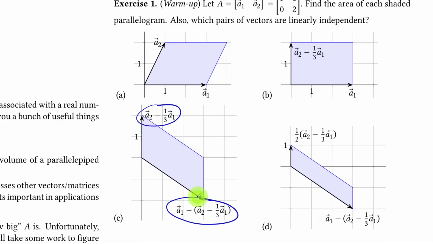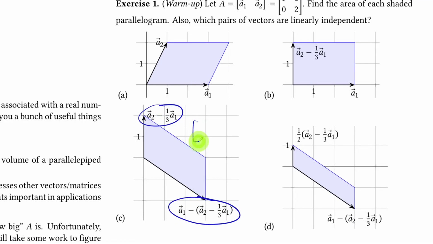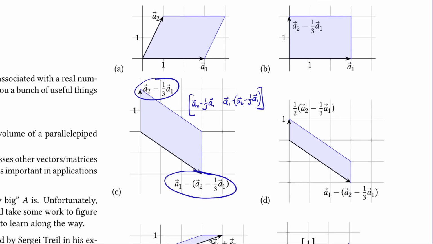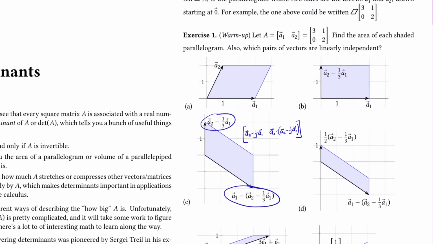We're messing around with the vectors to make a new parallelogram determined by a new matrix. And so we're finding the area of these different parallelograms determined by different pairs of vectors, and also say which ones are linearly independent.